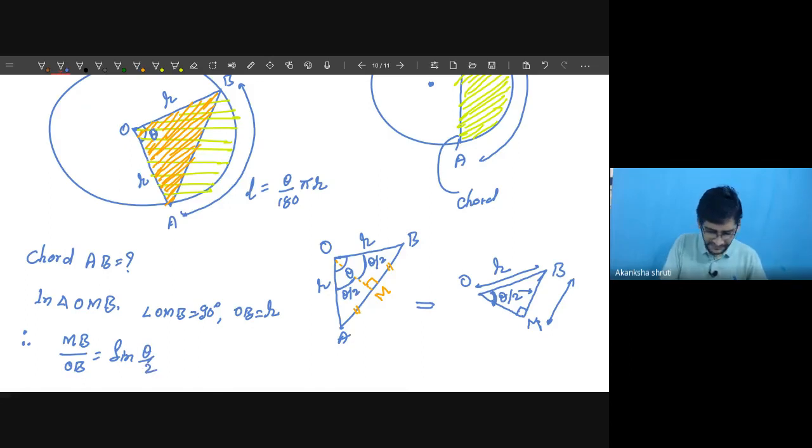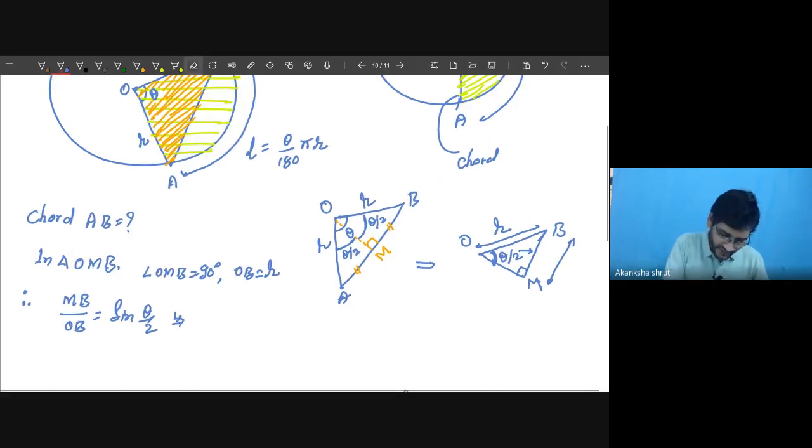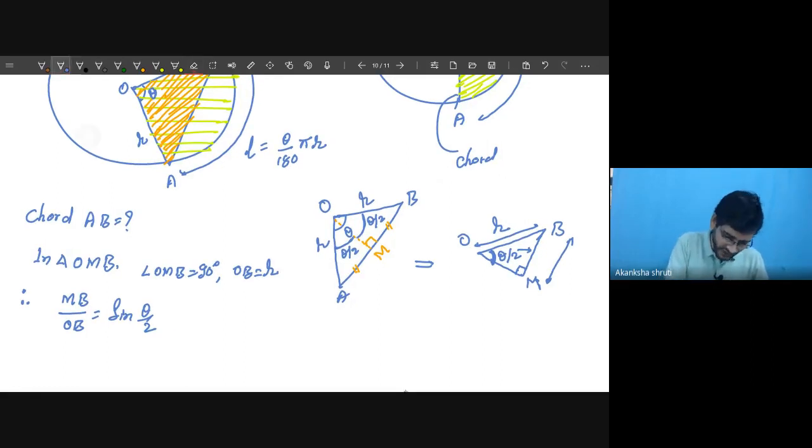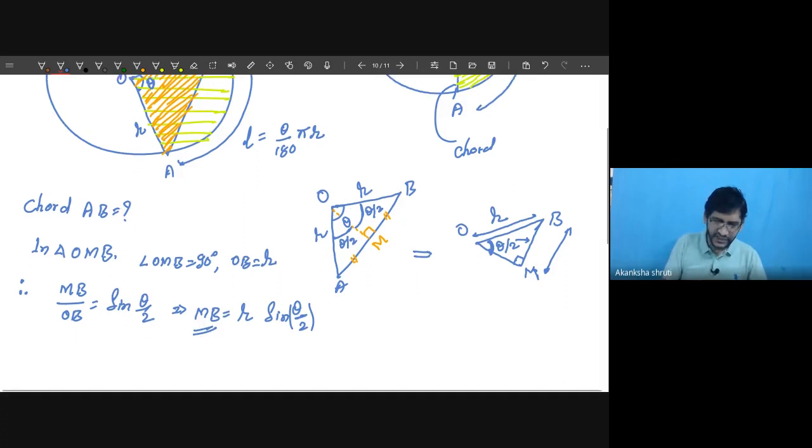So we can calculate this MB as OB, substituting R, times sine of theta by 2. This is one of the concepts by which this MB length can be calculated.